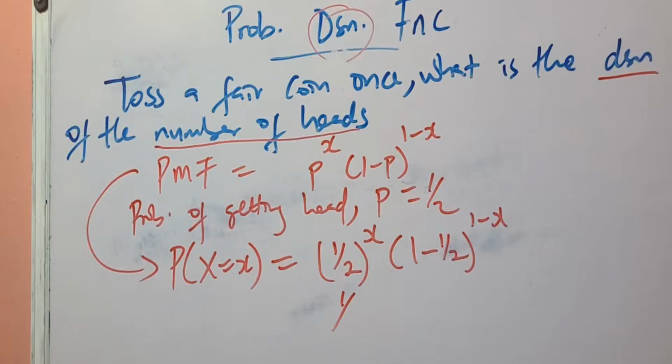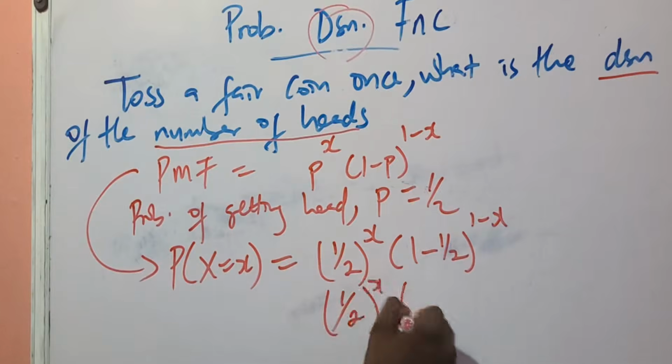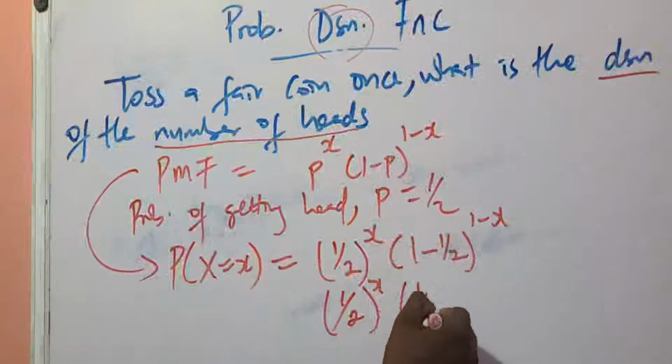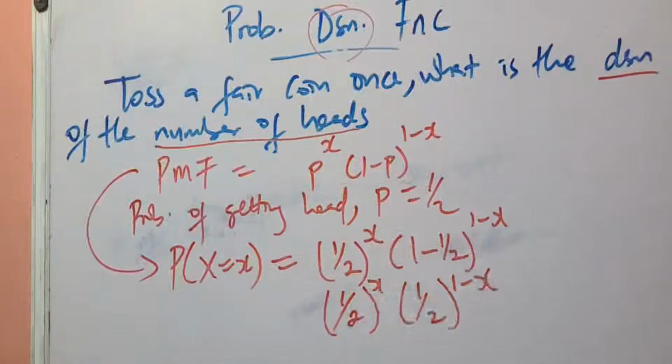If you can understand what's going on here, you can see that this is the distribution of the number of heads. 1 minus half, of course, that's still half, raised to 1 minus x. So this is the distribution of the number of heads.